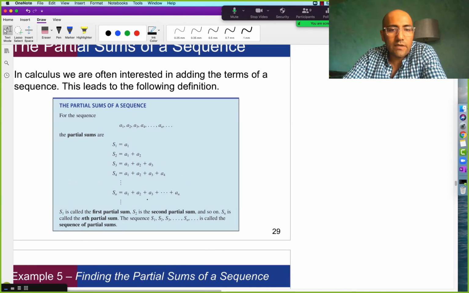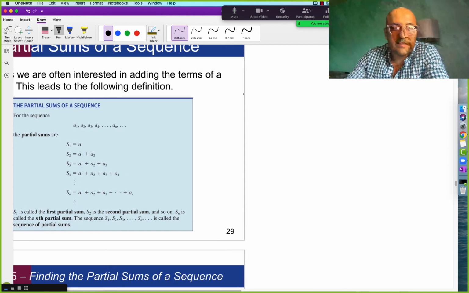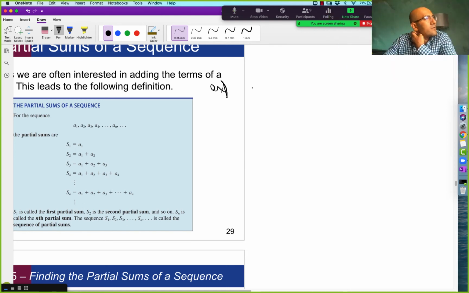Let's expand this with a simpler problem before we get into the first example. Let's mimic this with an example. So for example, if the original sequence, a sub 1, a sub 2, and so on, is, let's just make it the odd numbers.